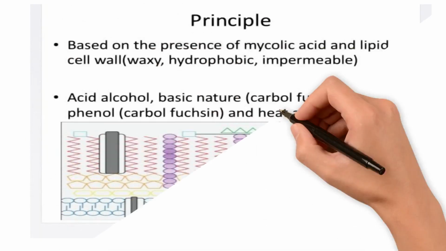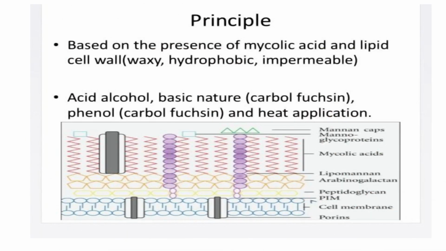The principle behind acid-fast staining, or AFB staining, is based on the complexity and nature of the cell wall of the mycobacterium species. The presence of large mycolic acid and lipid in the cell wall makes them impermeable and hydrophobic in nature.